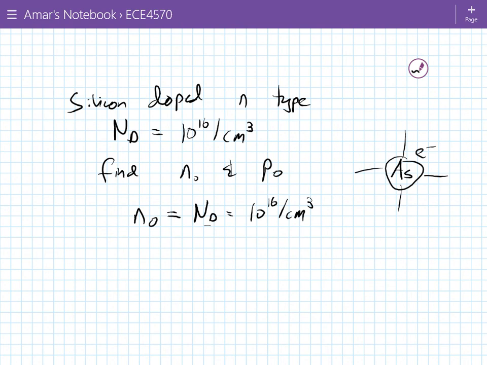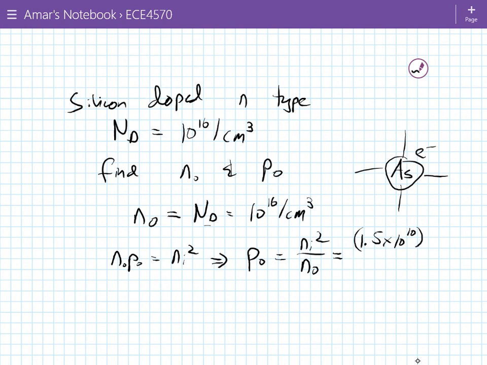This is where N times P equals Ni squared becomes very useful. If we now want to find the hole concentration, P0 is equal to Ni squared over N0: 1.5 times 10 to the 10 per centimeter cubed, squared, divided by N0, which we just calculated as 10 to the 16th.